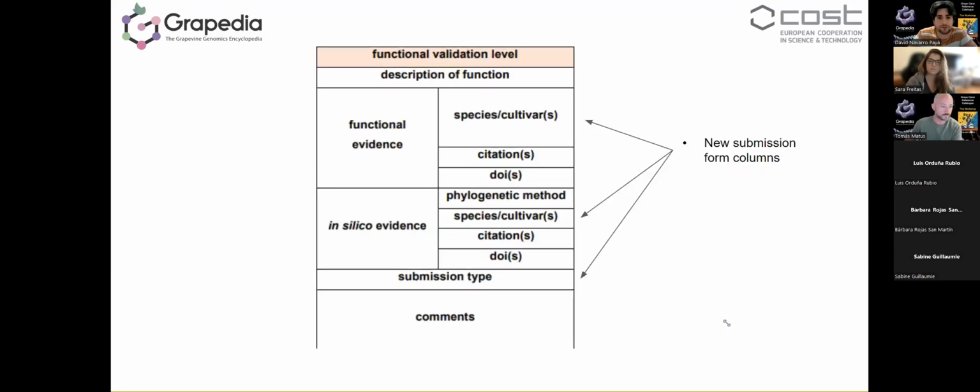And in the part of the functional description, we've added some columns regarding the species and cultivars, because we often find the case where a gene has been studied in many different cultivars, and you may find that the function varies slightly, or in any case, it could vary. So what we're trying to do is annotate the function of the gene, but also with respect to the cultivar that corresponds to the work.